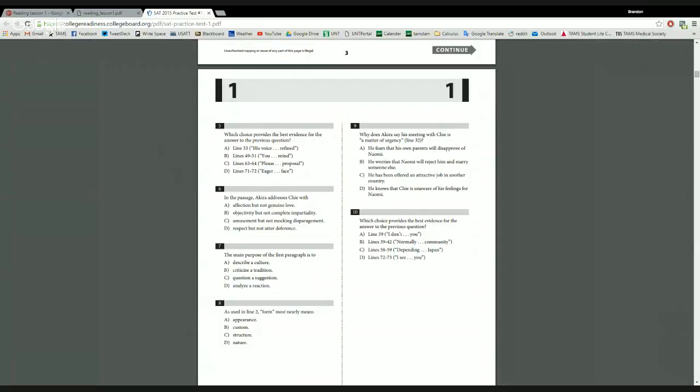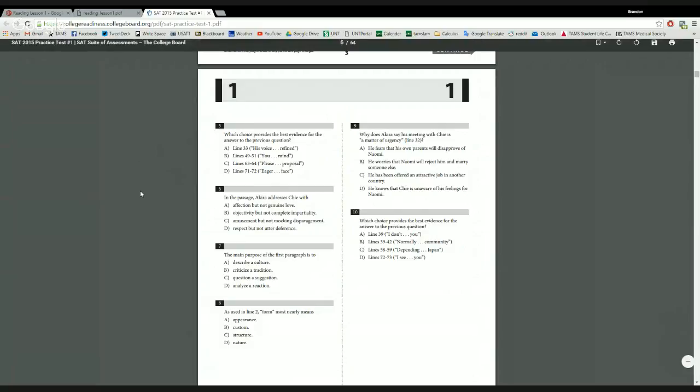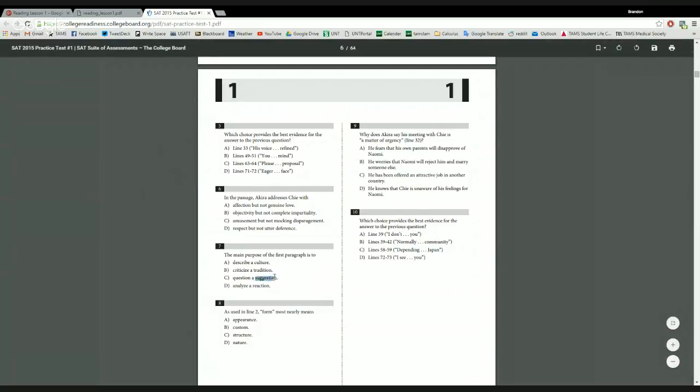It's also incorrect because the narrator does not question the suggestion. Rather, he is actually analyzing a reaction. There's no suggestion mentioned in this paragraph, so we can assume that even though the answer choice does say question. So, in fact, he's analyzing a reaction. So the answer is D for 7.